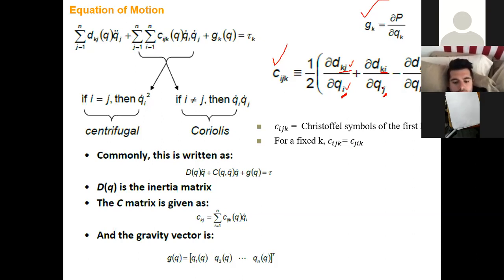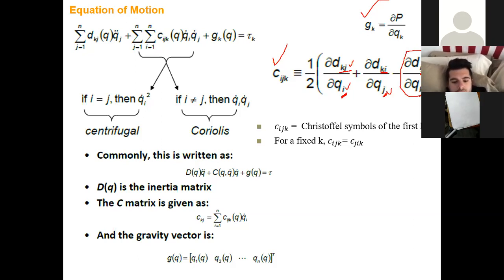Then you have j on the bottom, then i and k on the top, and minus the partial of dij with respect to qk. Ij on the top, k on the bottom. So this guy is minus.